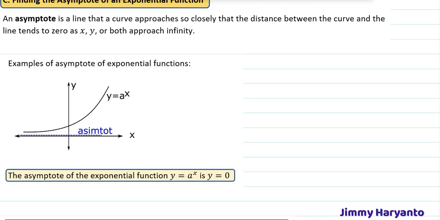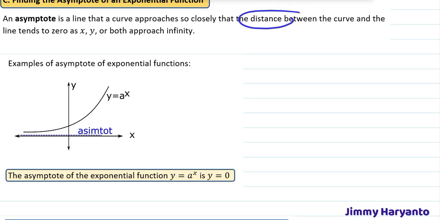Why? Because when you continue the graph to the left side, it will approach the x-axis, or y equals 0, but it will never touch the x-axis. So if you continue, the gap between the curve and the x-axis will be very close, guys.